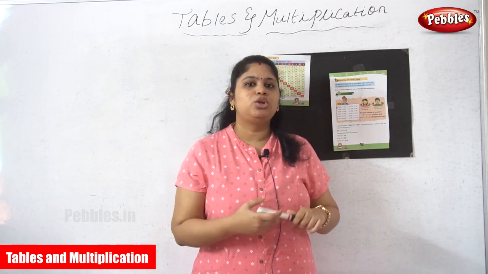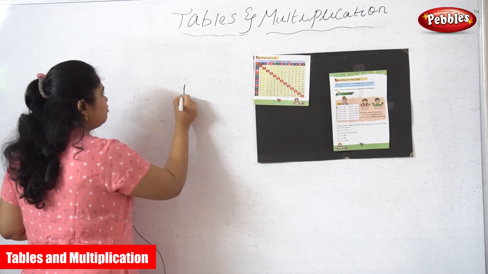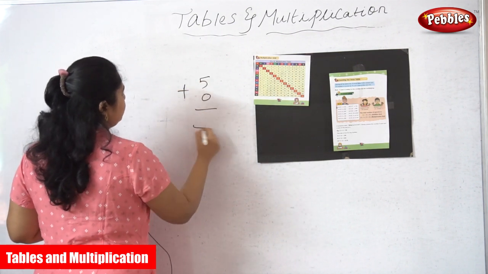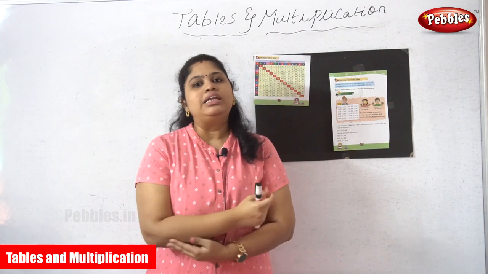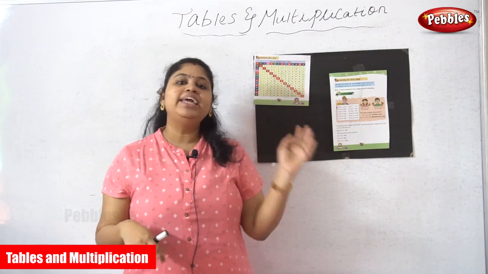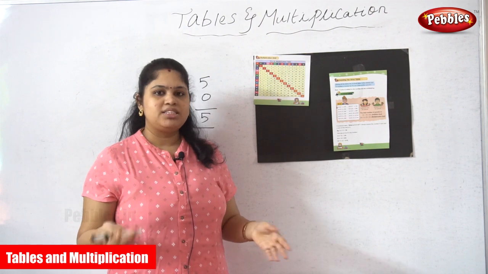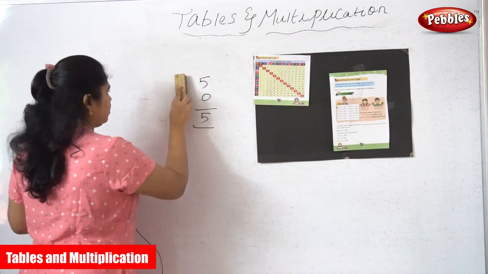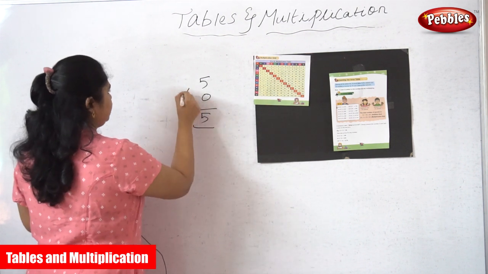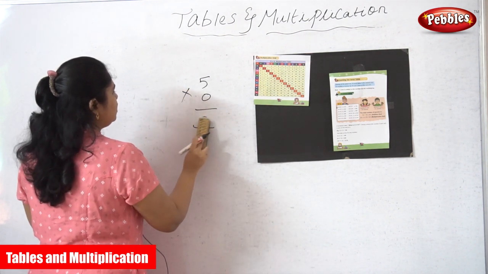Like 5 plus 0, the 5 will be the answer, isn't it, children? In the case of multiplication, any number that is multiplied by 0, the answer will be 0, whereas with plus the number remains.